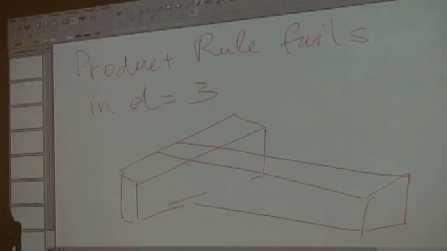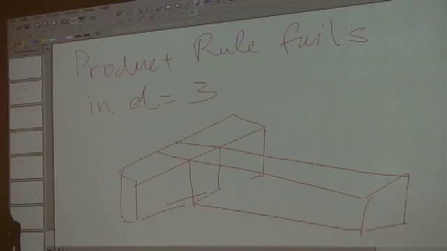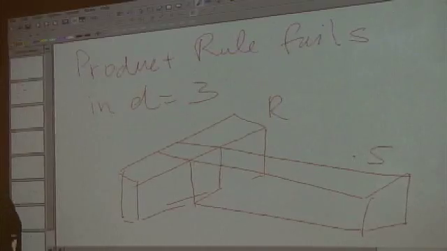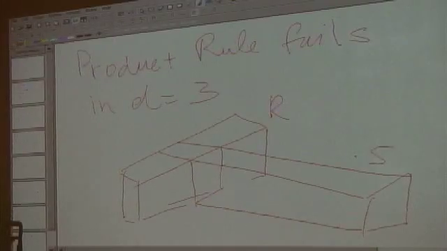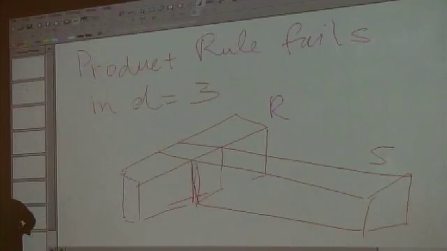So if you now think about what these Haar functions would have to look like in 3 dimensions, well, what is the product? Call this R and this S, and consider the product H_R times H_S. Well, in this direction, no cancellation. It's completely gone.